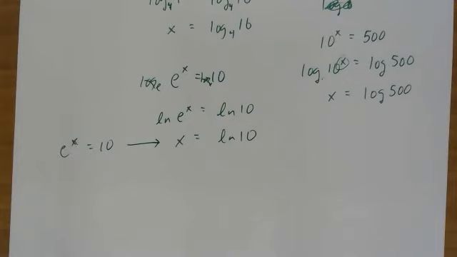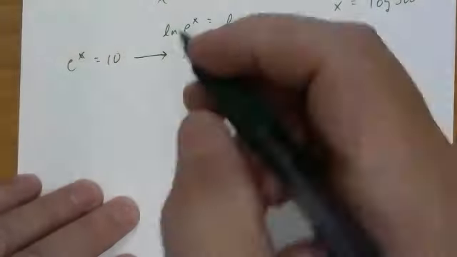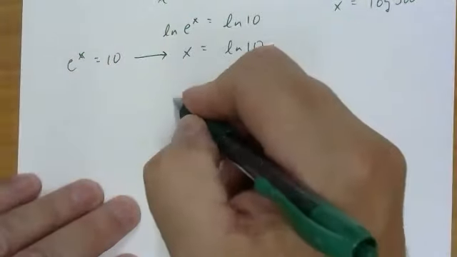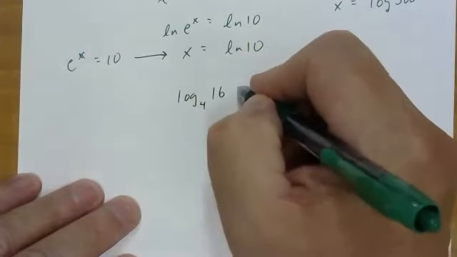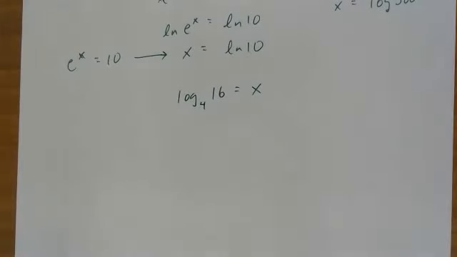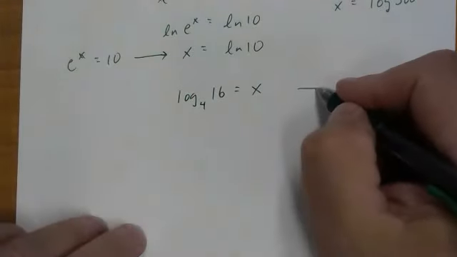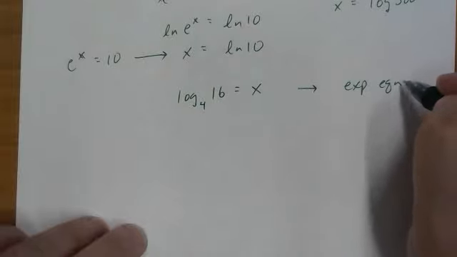Now let's go the other way. So now, how about if I have log base 4 of 60 equals x, and I want to rewrite this as an exponential equation.